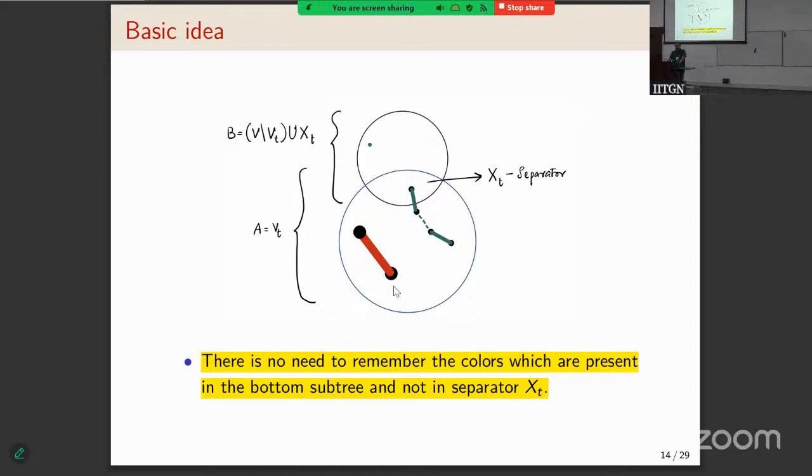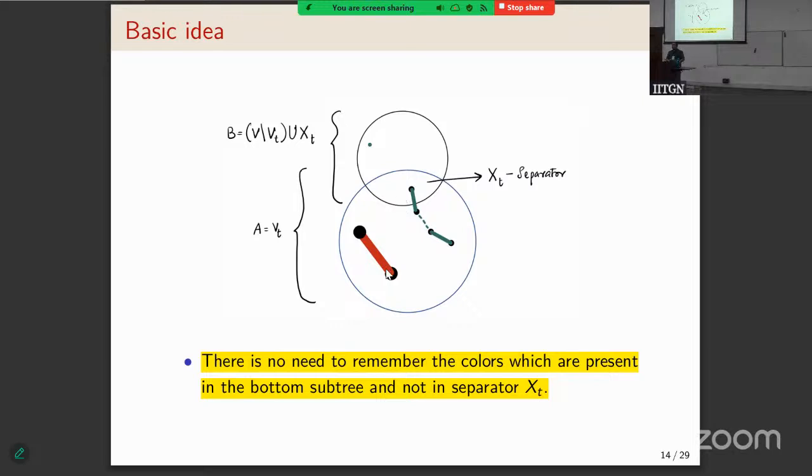This means that in my algorithm, when I'm making the recurrence for my dynamic programming, traversing from bottom to top, I don't need to remember the colors of all the edges, but only the colors of edges incident on vertices in the separator.